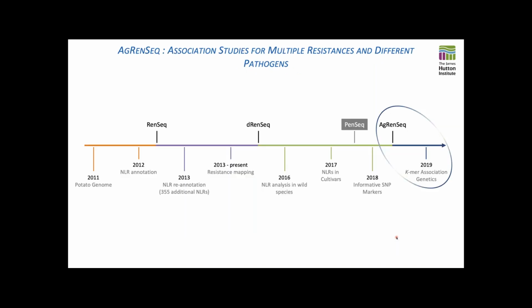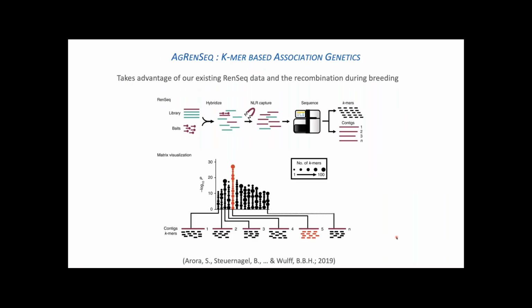So that brings us to the association genetics part, where we literally take advantage of the existing data that we have already. And thanks to Sanu's really great introduction, I don't have to go on about the slide. It shows how association genetics works. Very shortly, you have a representation of a cultivar, in our case with these contigs down here.